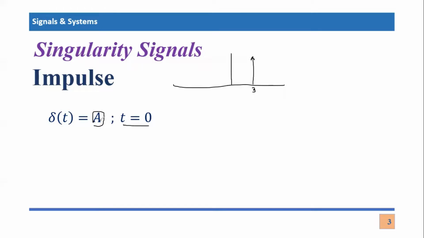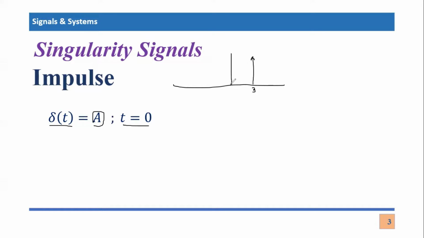So the strength of the signal, delta of t, or in literature it is also called the Dirac function, right? This signal is denoted by delta of t, and it has a strength equal to a, which ideally should be infinite at time equal to zero.